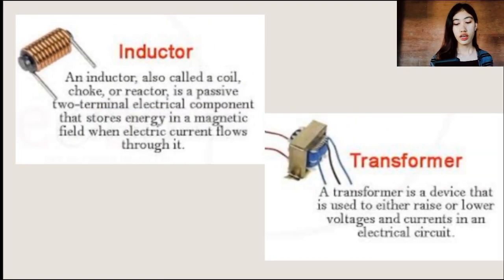Next is inductor. An inductor, also called a coil, choke, or reactor, is a passive two-terminal electrical component that stores energy in a magnetic field when electric current flows through it. The purpose of inductor is choking or blocking, attenuating, or filtering, smoothing high frequency noise in electrical circuit.